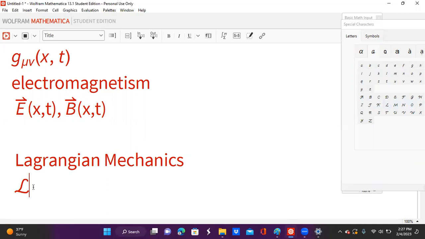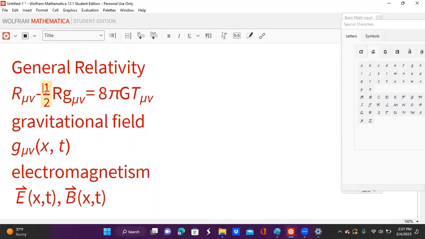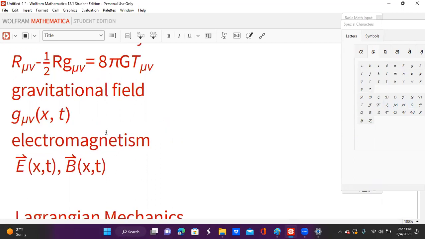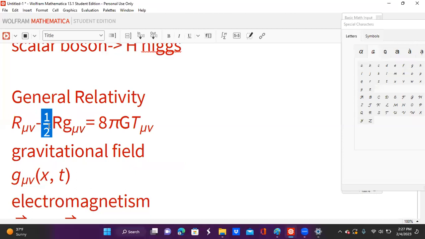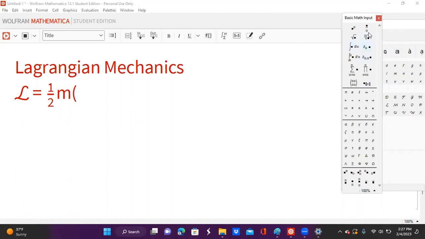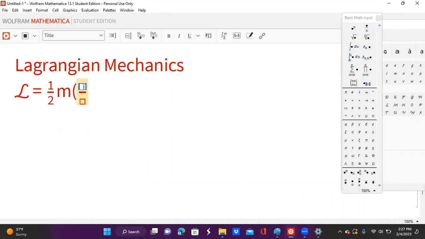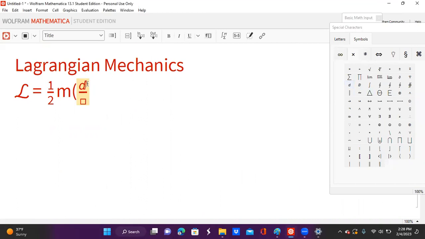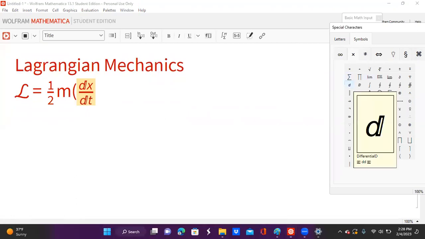That's going to be my Lagrangian L, and it equals 1/2 m, just to be clear, I'm going to try to do everything as clear as possible, the derivative of x with respect to time, squared.